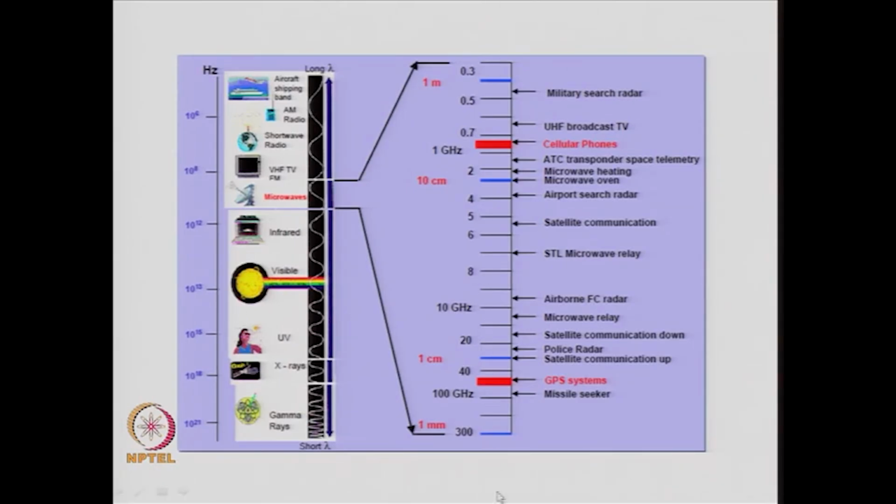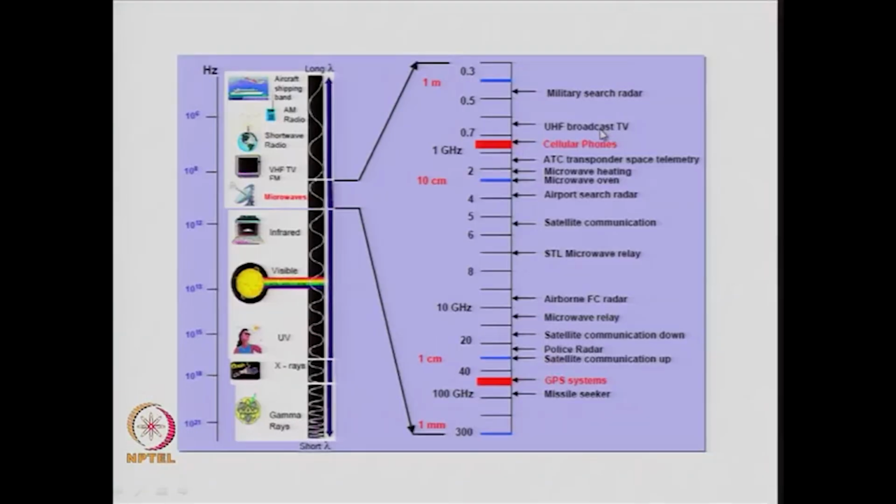So, this is again an expanded scale from around 0.3 gigahertz to 300 gigahertz. This is the range of frequencies at which the microwave dielectric materials work and are of tremendous importance due to their applications in ultra high frequency broadcast, in microwave heating, in satellite communication, in radar techniques, in police radar, airborne radar.